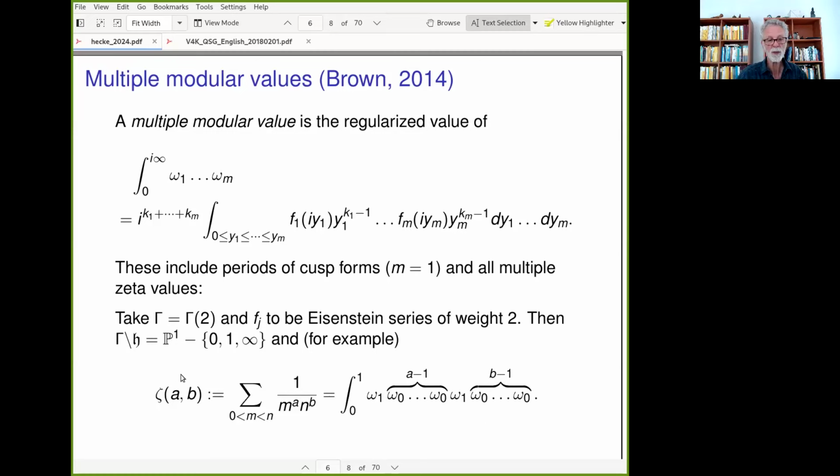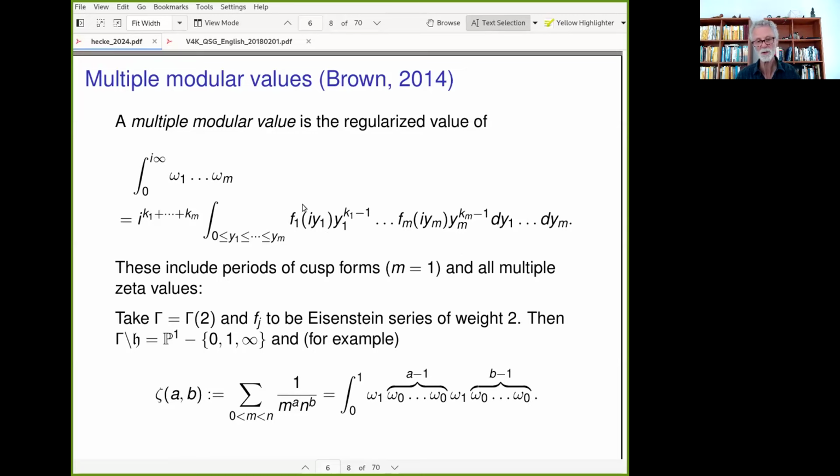And then what we get is, for example, the multiple zeta value, zeta(a,b), which is defined to be this sum here, is given by this iterated integral. And that iterated integral is a very special iterated Shimura integral. So in fact, all multiple zeta values occur as multiple modular values.